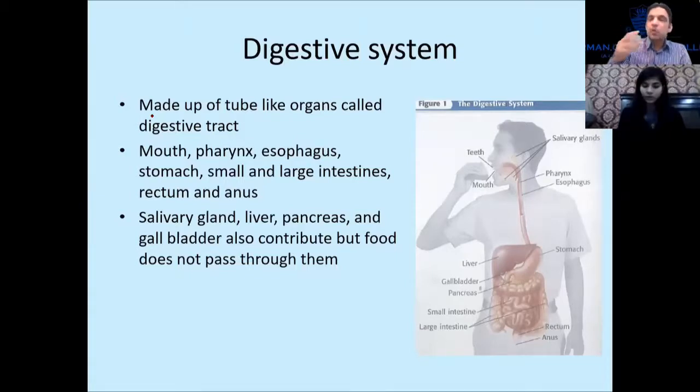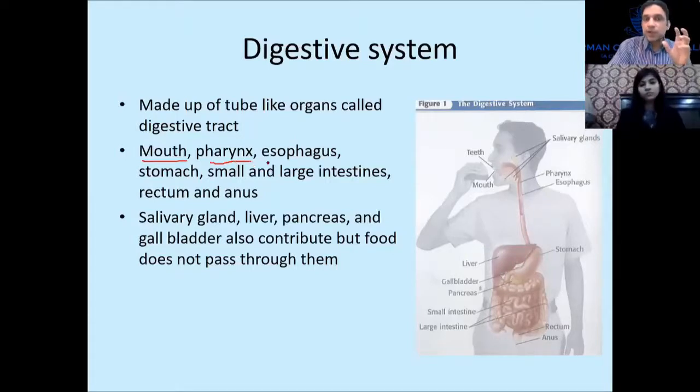associated with additional organs. The gut or digestive tract is made up of the mouth. It starts from the mouth. The next part is the pharynx. If you remember the respiratory system, this is a common portion between the respiratory tract and the digestive system.